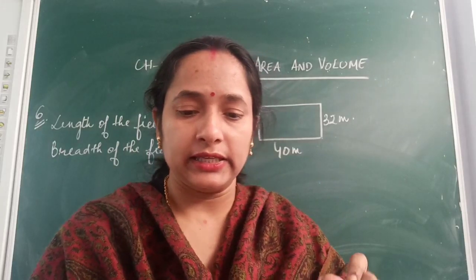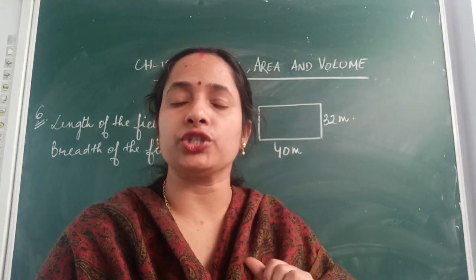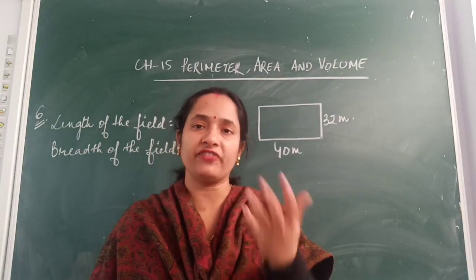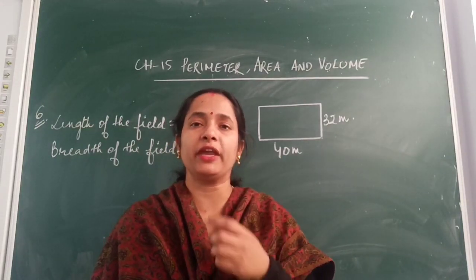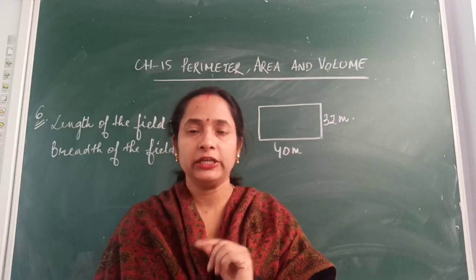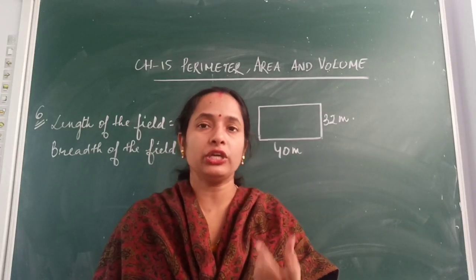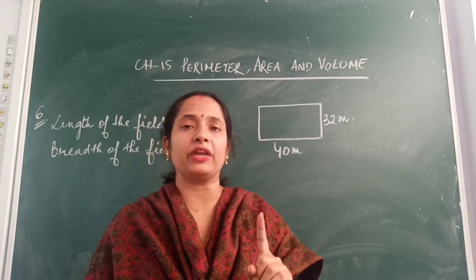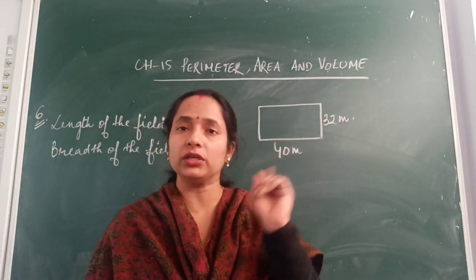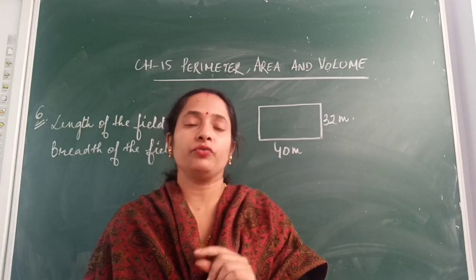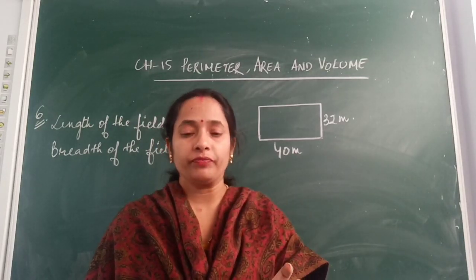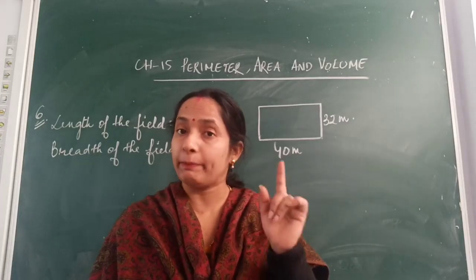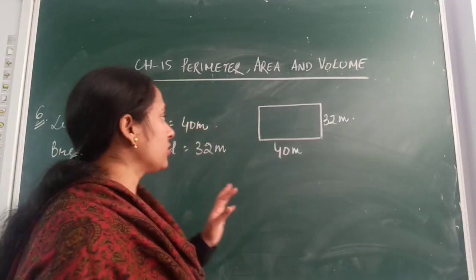It is said that find the cost of fencing. So where do we make the fencing? Fencing always is made along the boundary of a figure or boundary of a field. So here our field is in the shape of rectangle, and if we want to make fencing, we will fence it around the boundary. So how long the fencing will be made? Means what we have to find here? We have to find here the perimeter of the rectangular field.